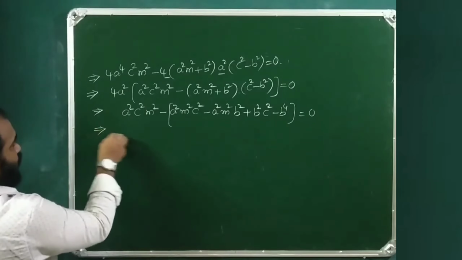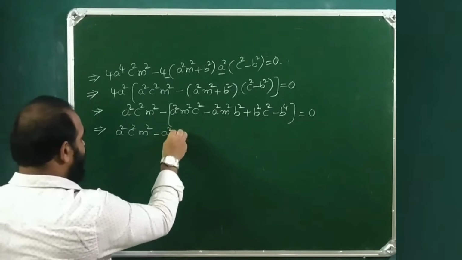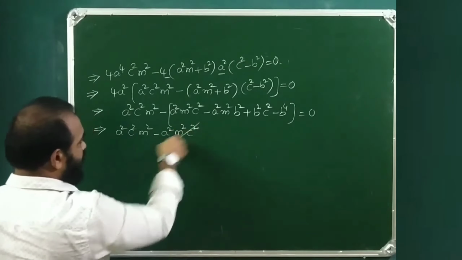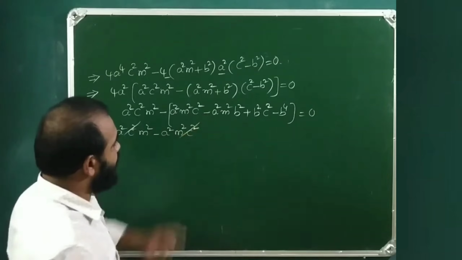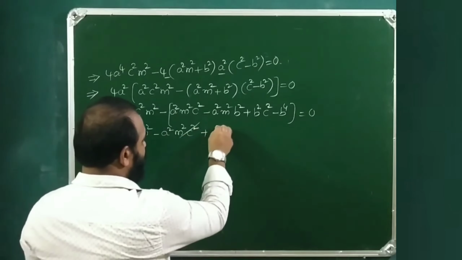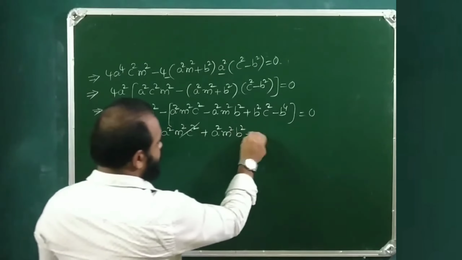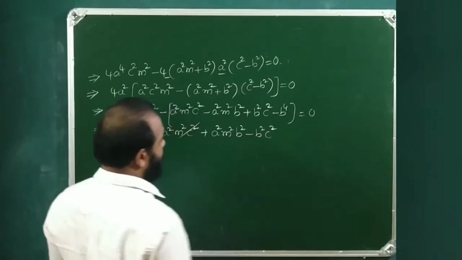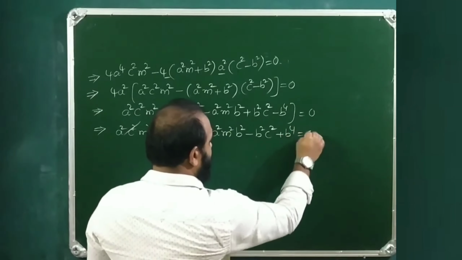So this is equals to a square c square m square minus a square m square c square. These two gets cancelled. So minus into minus plus a square m square b square. So minus b square c square, minus into minus plus b power 4 equals to 0.